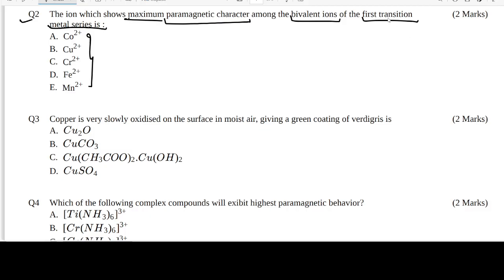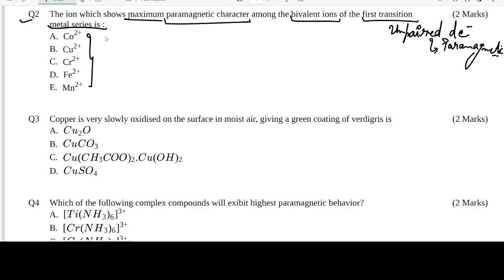If the ionic species has unpaired electrons, or you can say unpaired d electrons, then you will say that this is paramagnetic. Paramagnetic means it is susceptible in the magnetic field. Okay, so let's see how to do this question.